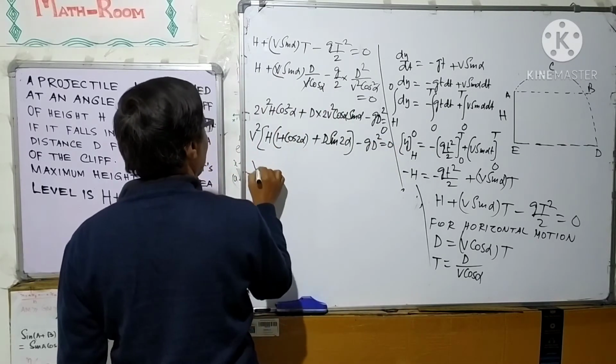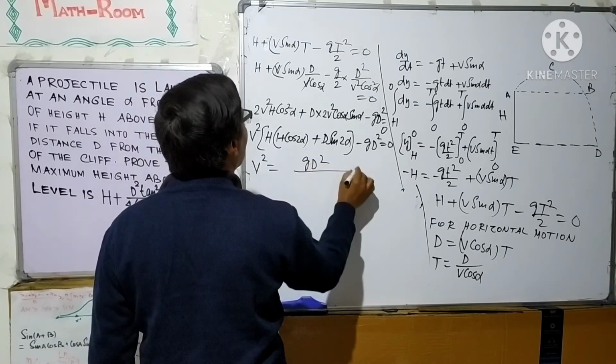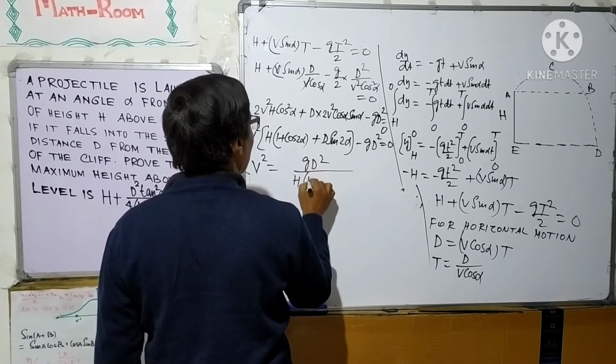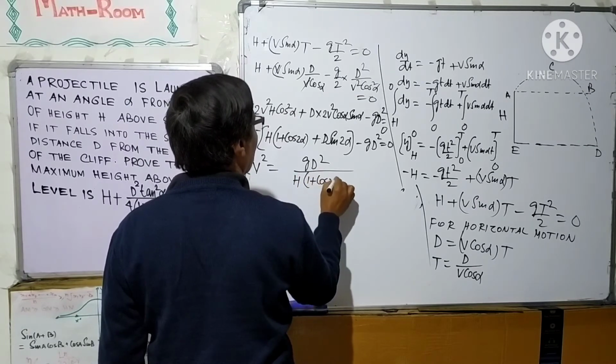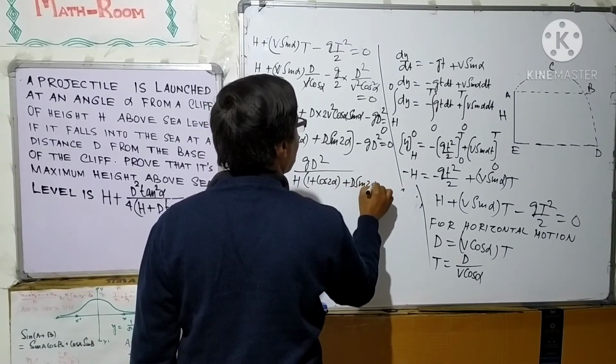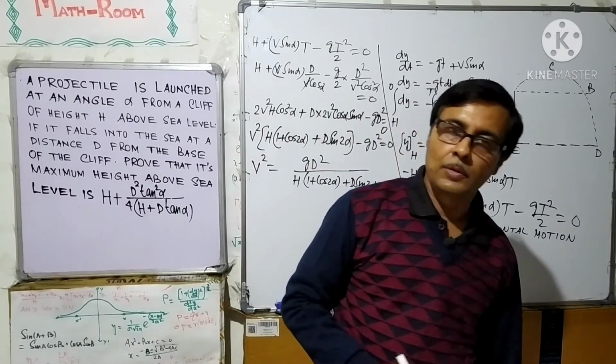So v square equals g D square over H into 1 plus cos 2 alpha plus D sin 2 alpha. This is the value of v square.